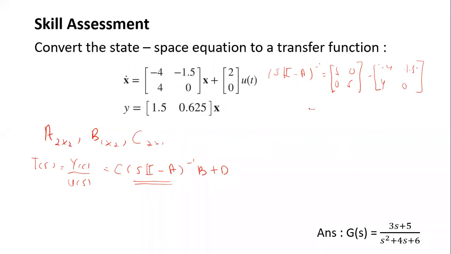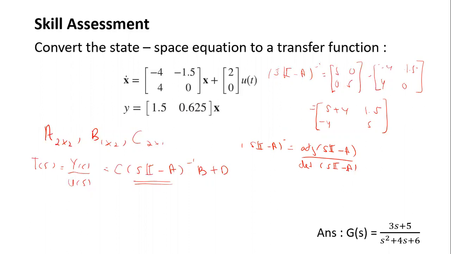Okay, so you will get [S plus 4, 1.5; minus 4, S]. So what we do next is we solve for the matrix. So (SI minus A) inverse is equal to the adjacent of (SI minus A) over the determinant of (SI minus A).